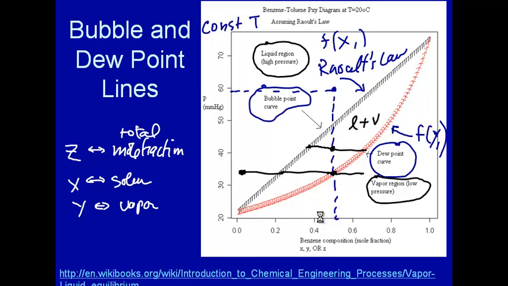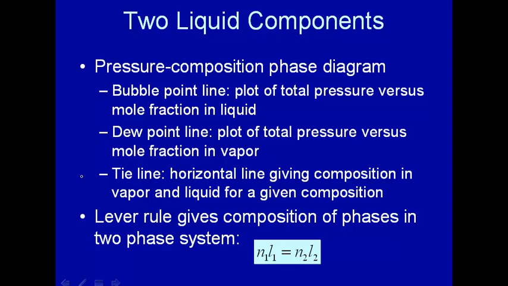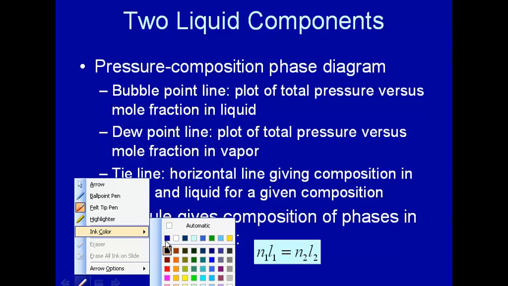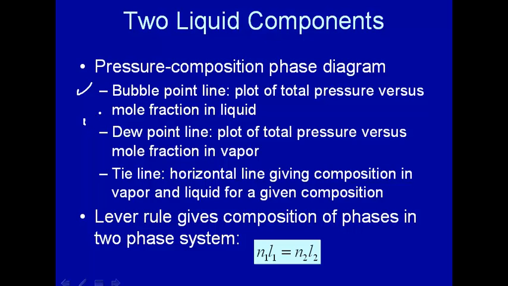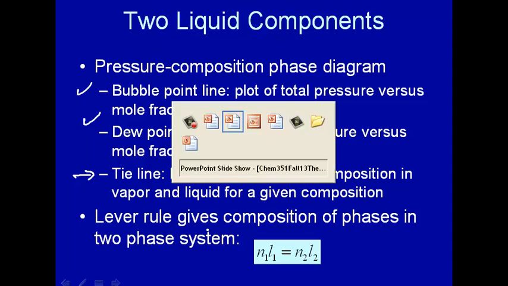Okay, so we know a little bit about bubble point lines, and we know about dew point lines. What about tie lines? All right, it's a horizontal line giving composition of the vapor and liquid for a given composition, and the lever rule is related to tie lines.